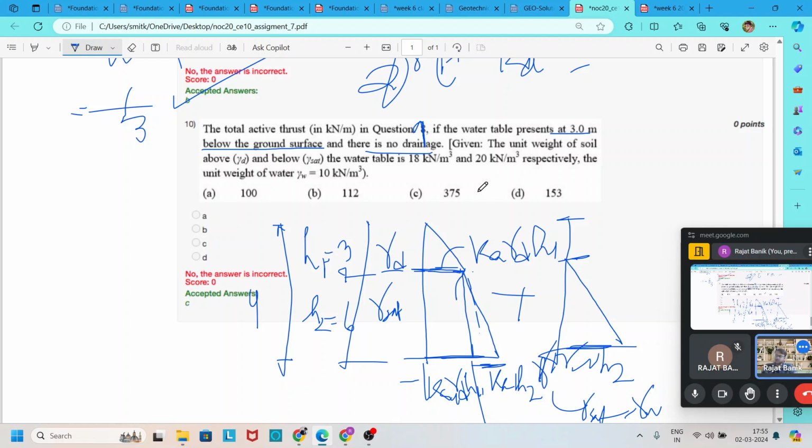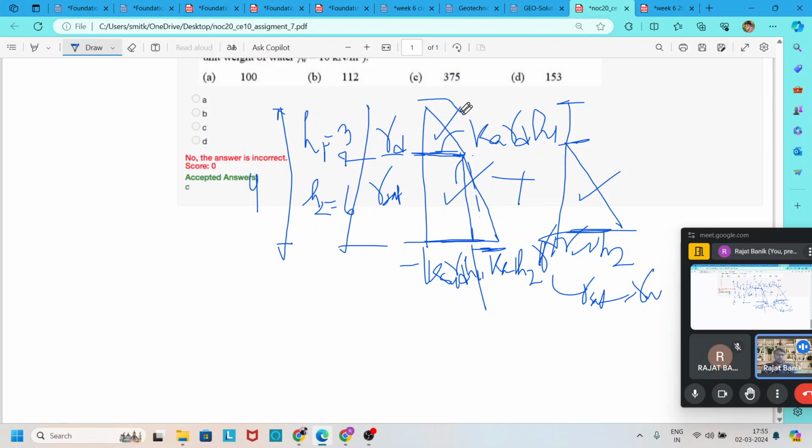So to find the active thrust for this condition, we need to calculate the area of this triangle, area of this triangle, area of this triangle, and add up. The area of the first triangle has height h1 and base Ka gamma d h1, so it is half h1 into Ka gamma d h1.